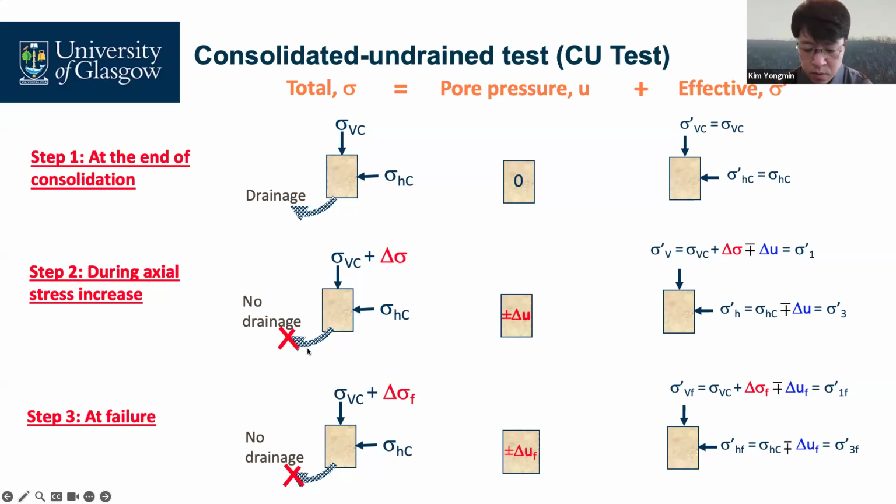It means that there is no volume change because no water goes out of our soils, but we can measure pore water pressure here, positive delta U. So in the effective stress, the initial confining pressure plus additional deviator stress plus or minus water pressures.